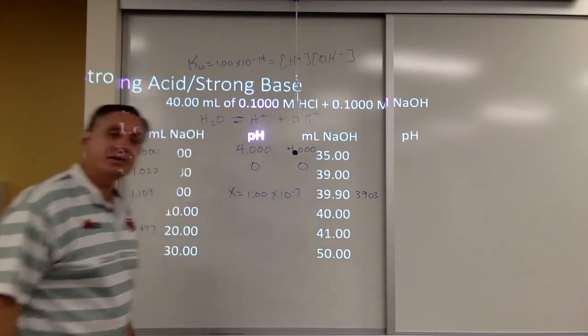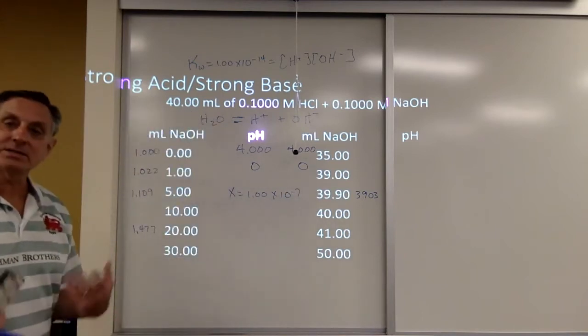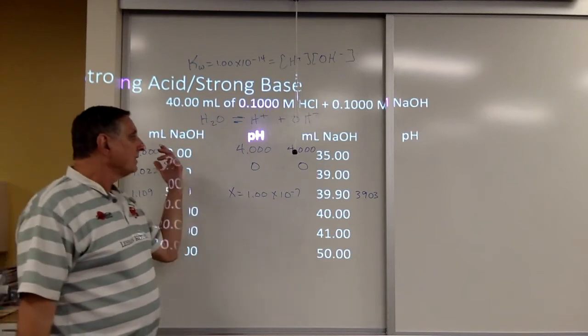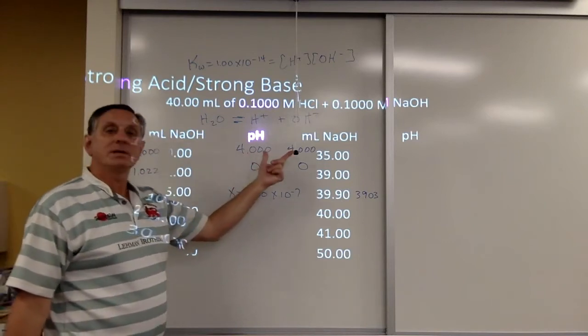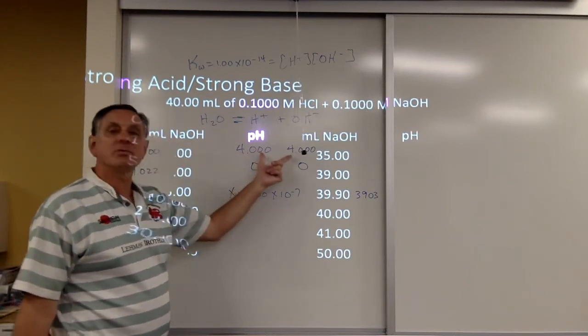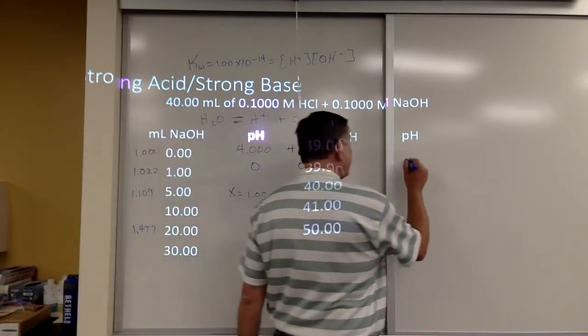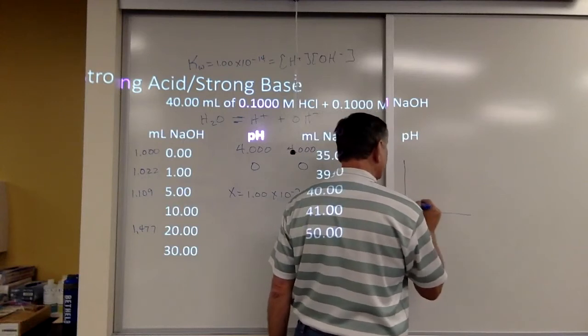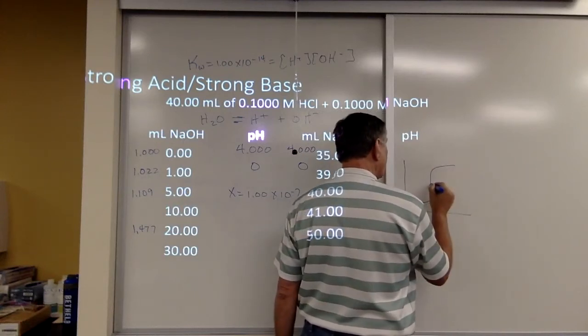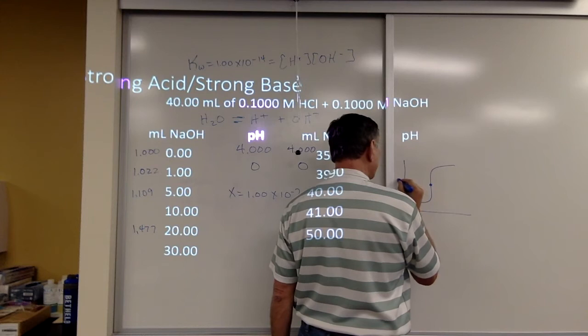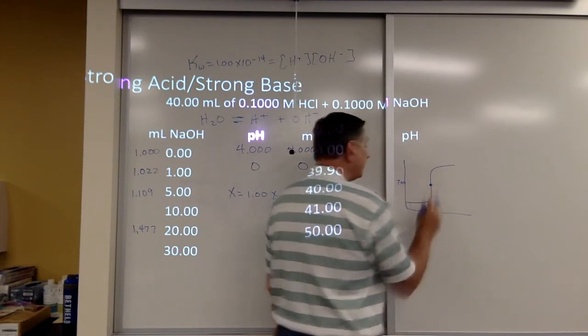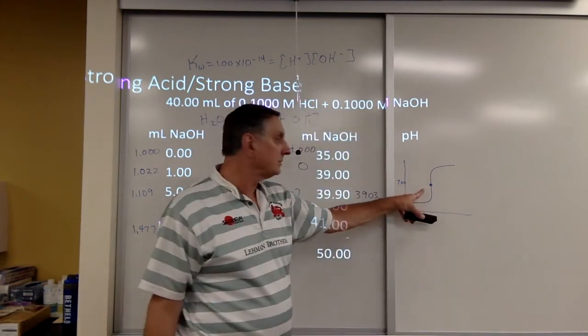The pH is 7. In other words, for a strong acid, strong base titration, when we have reached equivalence, when we have the same number of moles of each one, pH is 7. And the titration curve looks like this, where this point right here is pH 7.00.